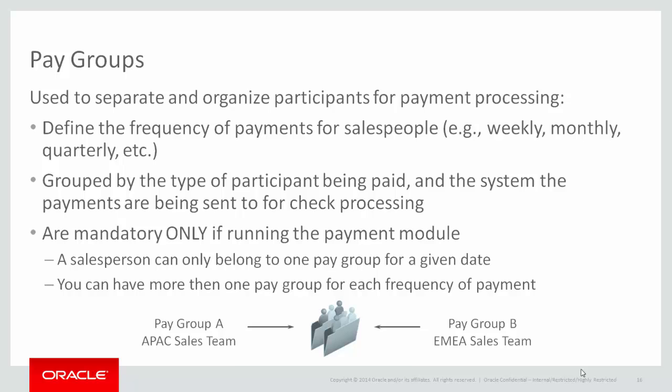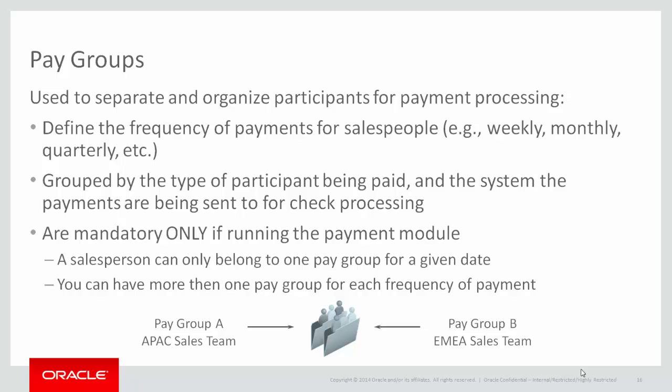So again, pay groups are just a way to organize sets of payees or sets of participants for the process of payment. Something else I'll say about pay groups, and you can see this here, is that it is only mandatory if you're running the payments module. For a lot of organizations, as we go through the different work areas, we're going to do something within the credits and earnings, and this is the calculation. So once you calculate your transactions, you generate what's called an earning.